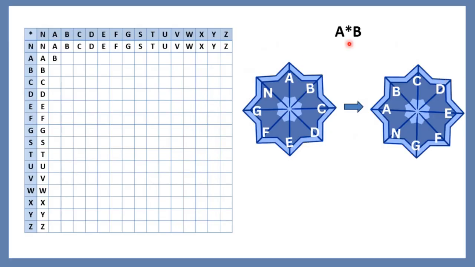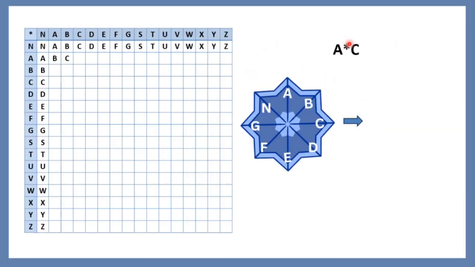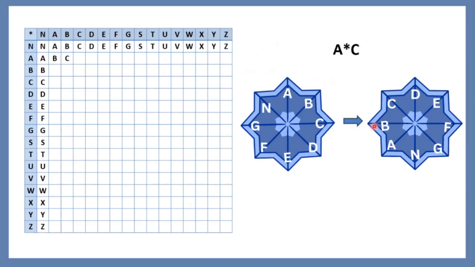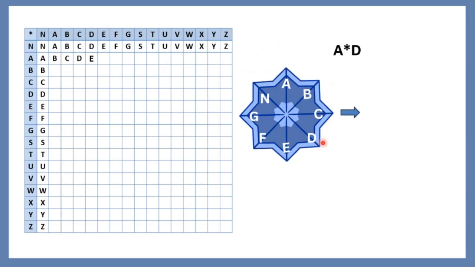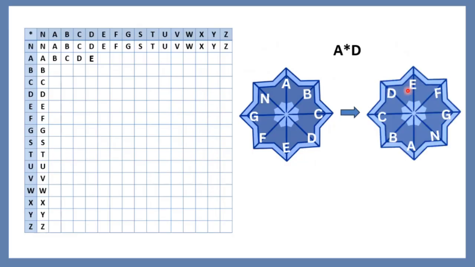So A star B is equal to C. Then next, we have A star C. So when we rotate this model to 135 degrees counterclockwise, the outcome will be D. Then next we have A star D. So when we rotate this model to 180 degrees counterclockwise, we will get an answer of E. So A star D is equal to E.